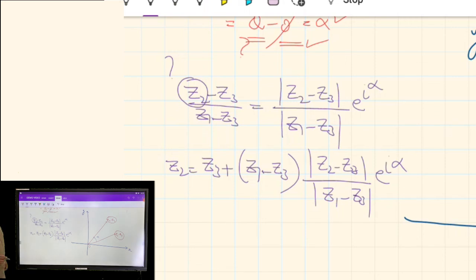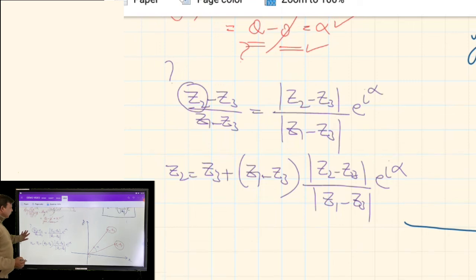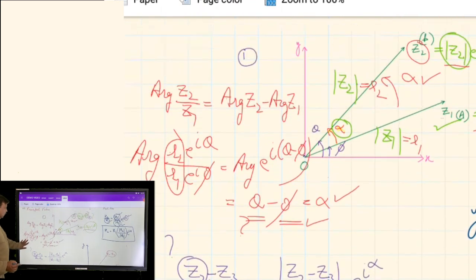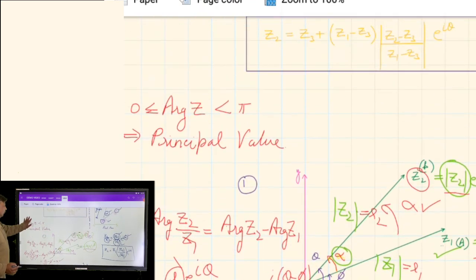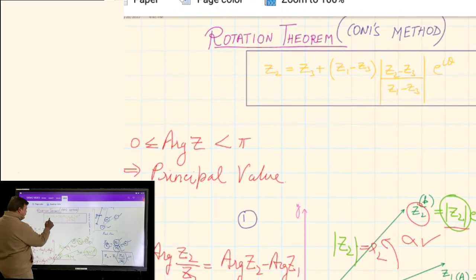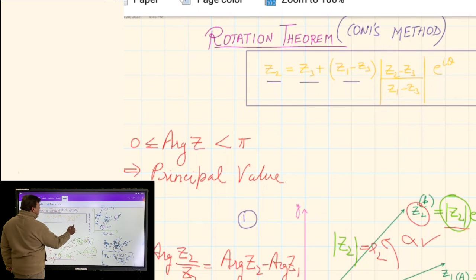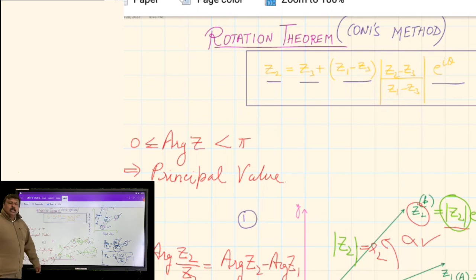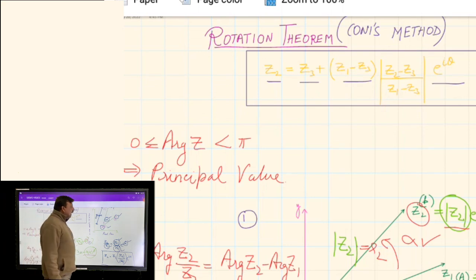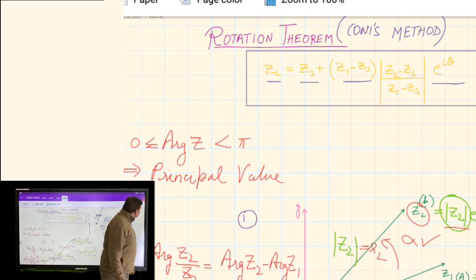Isn't that right? And let's see whether it is the same expression I had written earlier or not. So this is the expression which we were looking forward to, and this is the same expression: Z2, Z3, Z1 minus Z3, and in this way. You know? So this is what we have obtained as the CONI'S rotation method expression.